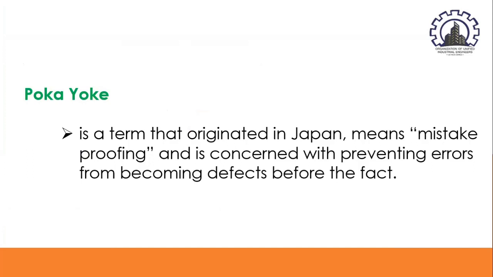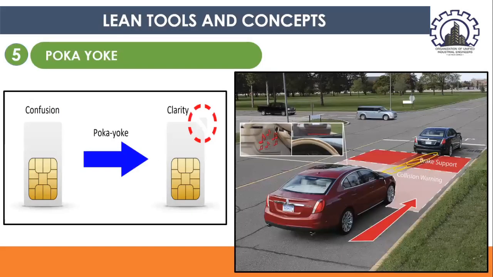Okay, so in order for us to better understand what Poka-yoke is all about, as you can see, this is an example of a Poka-yoke. In our first example, you can see there a SIM card. There is a word there at the upper portion: confusion. Why confusion?